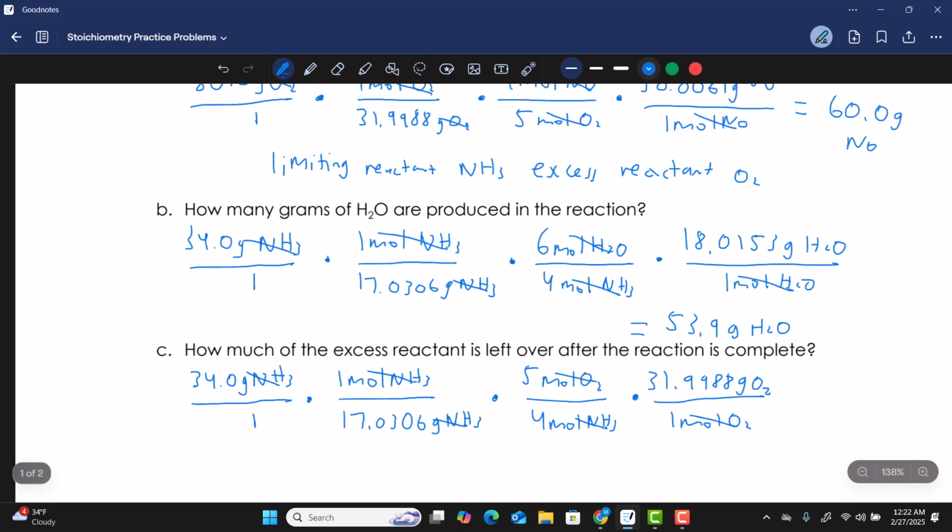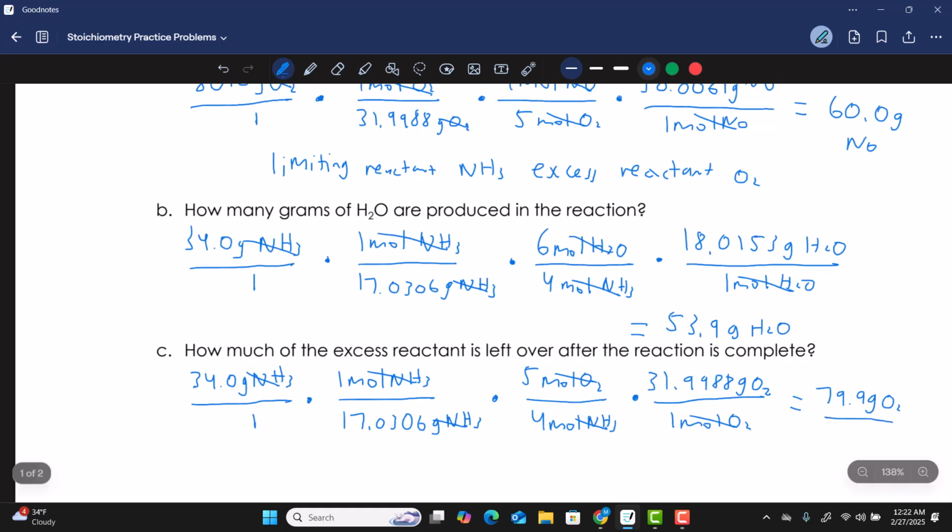And the moles of O2 would cancel, and that would give us the grams of O2 that was used in the reaction. So when we type all of it into our calculator, we would get 79.9 grams of O2.